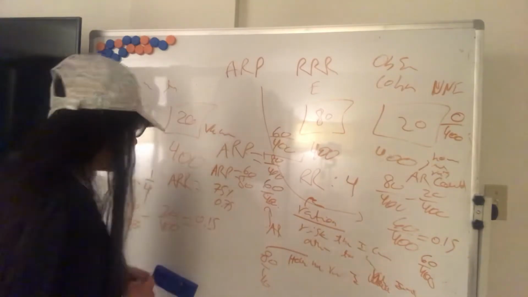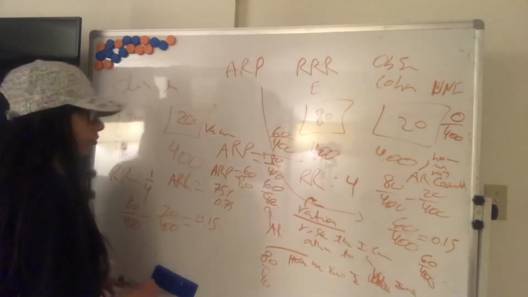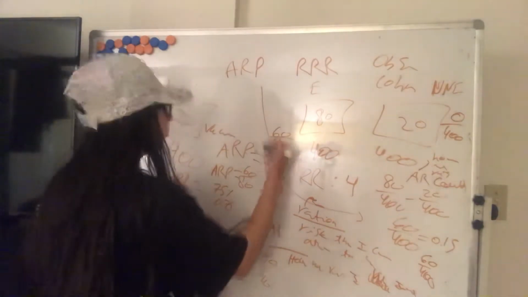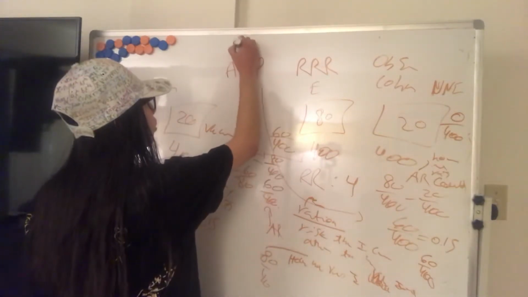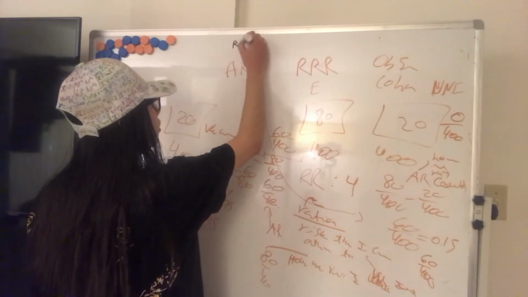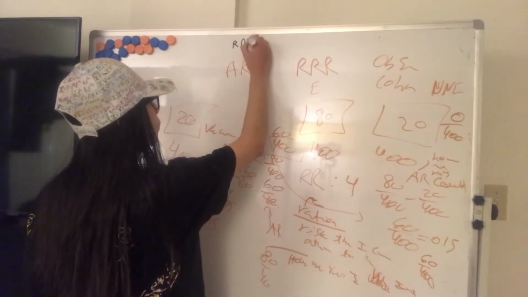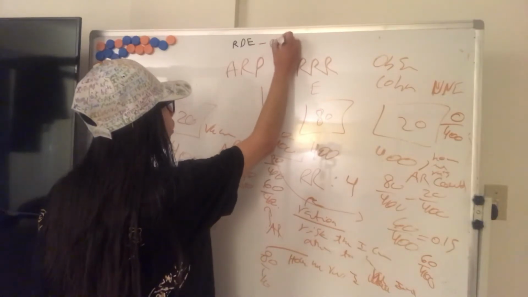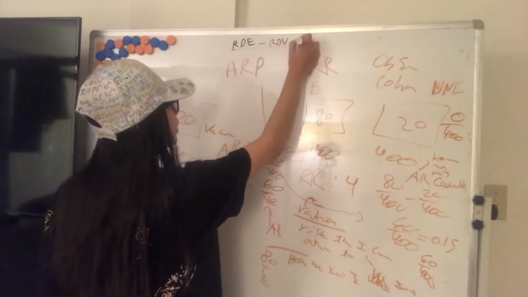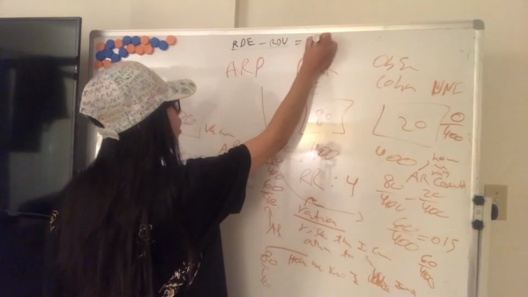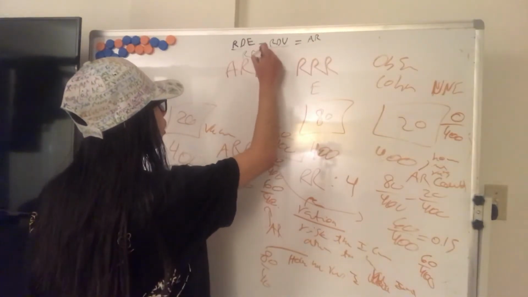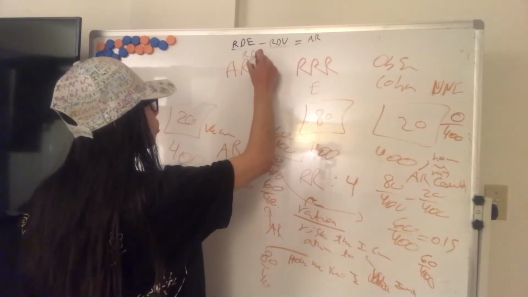So the attributable risk percent was the rate of disease in the exposed group minus the rate of disease in the unexposed group. This is the attributable risk, divided by the rate of disease in the exposed group.